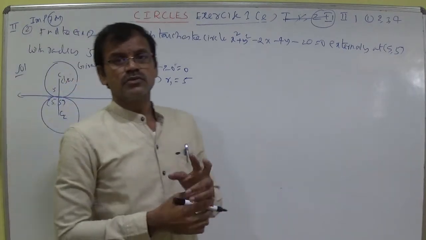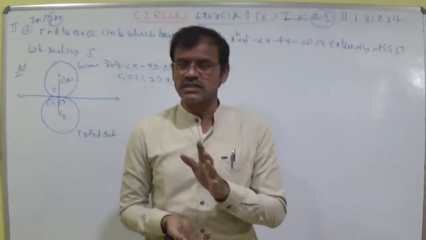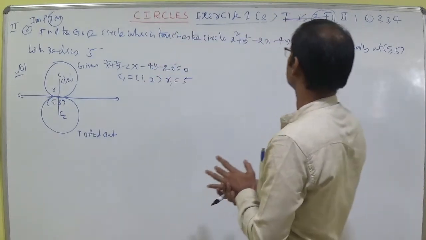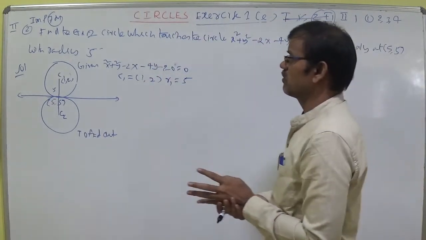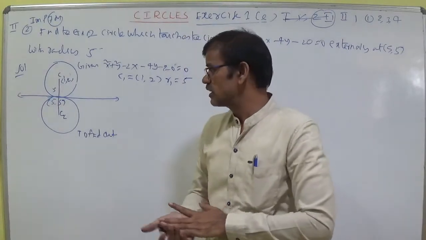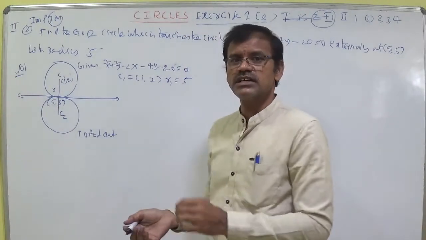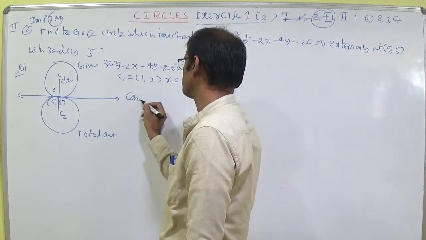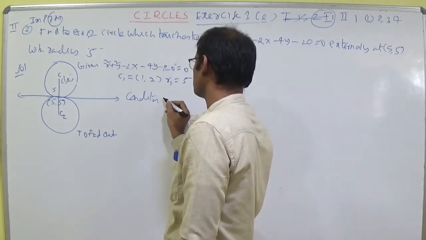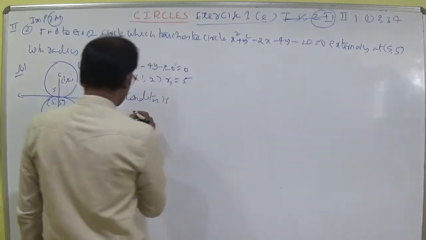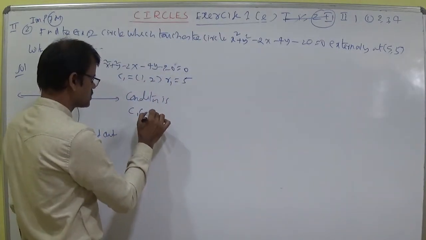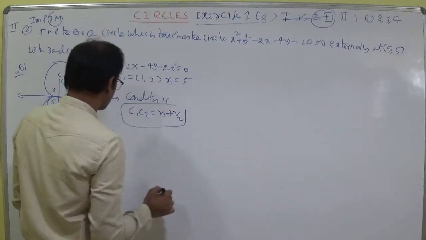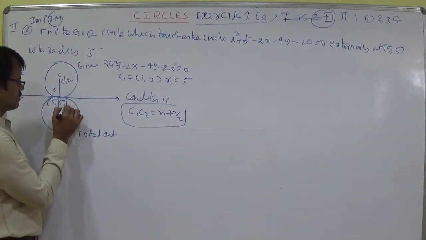Whenever two circles touch each other externally, the condition is C1C2 is equal to R1 plus R2. This is R1 and this is R2.